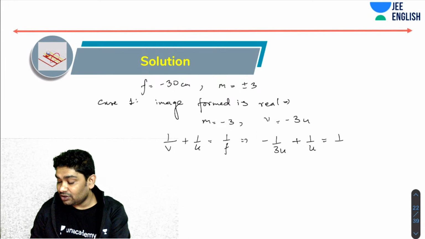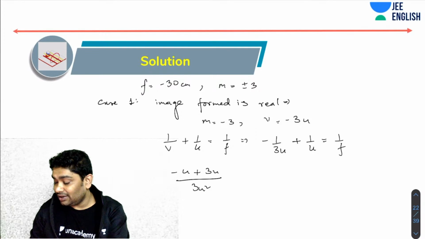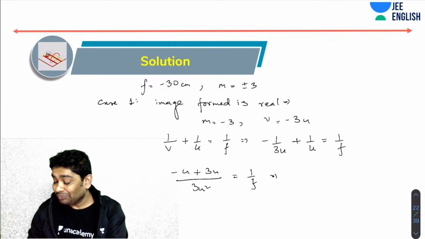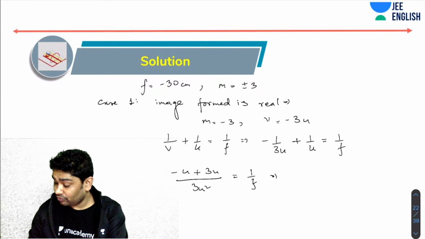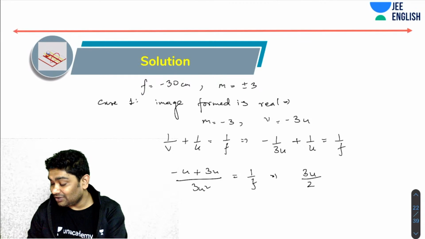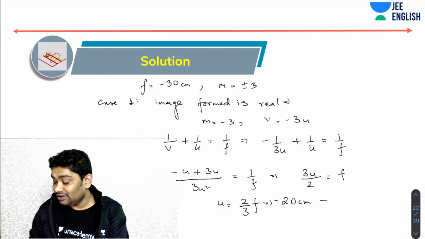So that gives me (minus u + 3u) over 3u squared equals 1 over f. So I would have had u = 2f/3 ... which would have given me 20 centimeter, minus 20 centimeter. That is my answer number one.